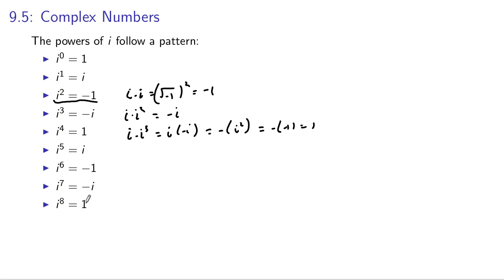So we have this pattern that repeats forever. The powers of i go through this sort of cyclical pattern. You could think of it almost like a wheel with 4 spokes.